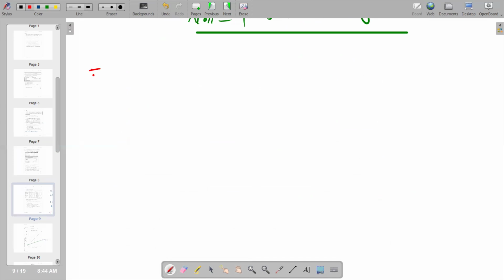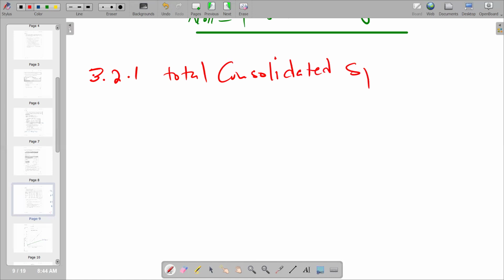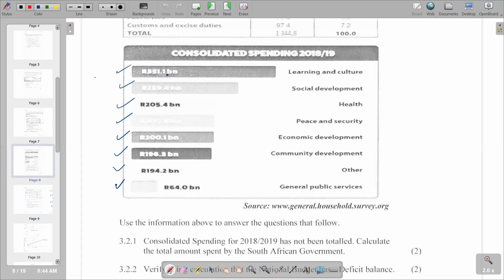We are calculating the total. So on total consolidated spending, we are saying 351.1, which is the figure that we are given here. And then next, the next figure that we are given is 259.4 billion. So this is the figure that we are going to add here.